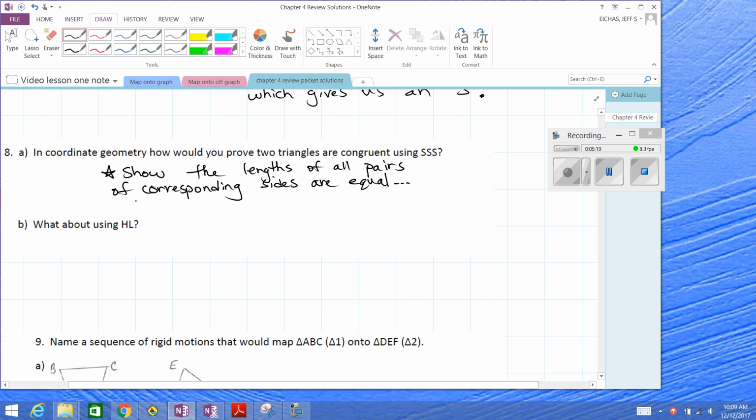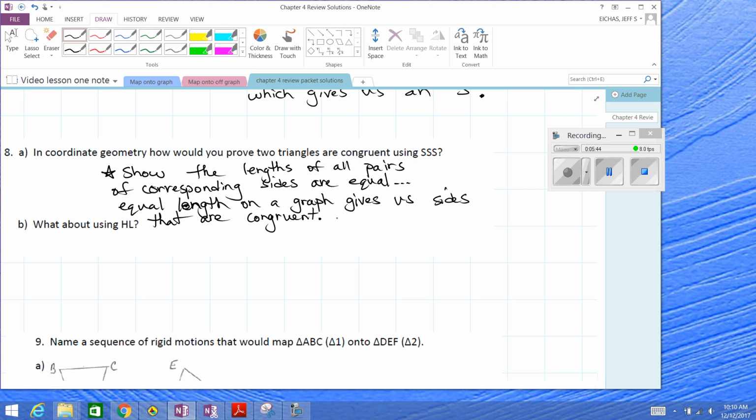And equal length on the graph gives us sides that are congruent. So you'll need to calculate 6 distances and then show 3 pairs of those being equal.